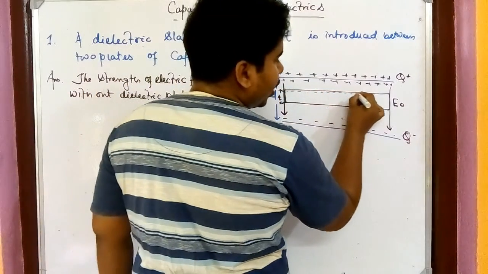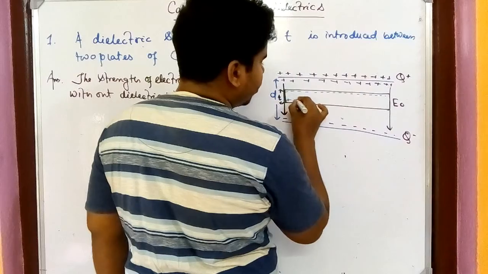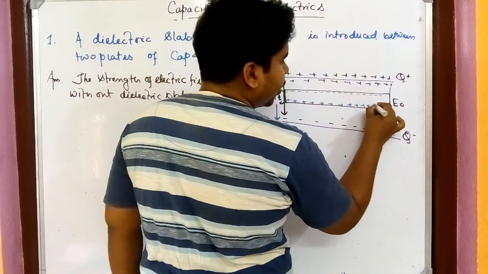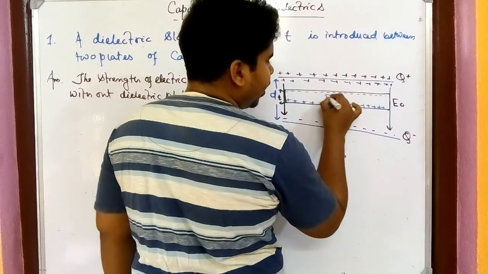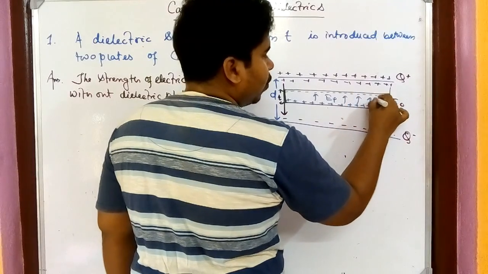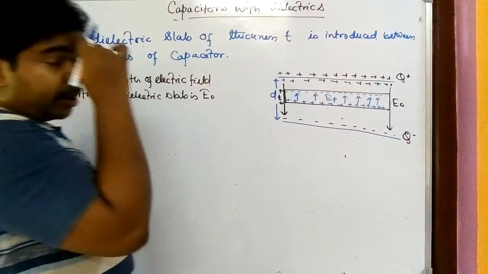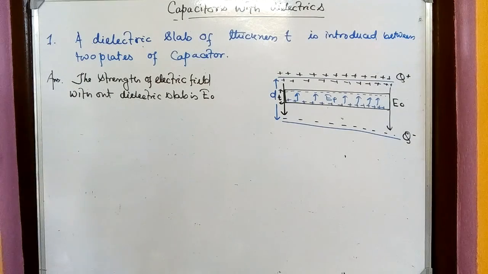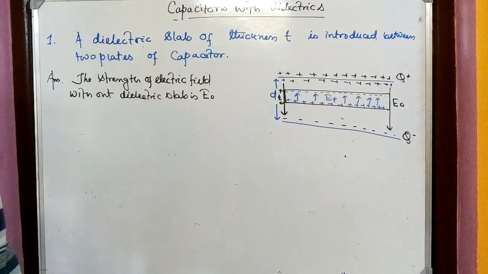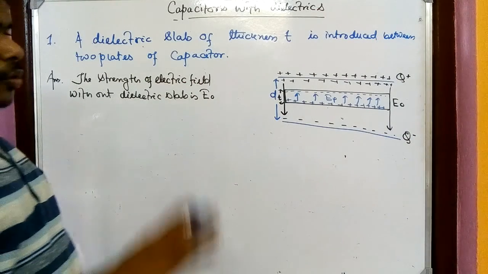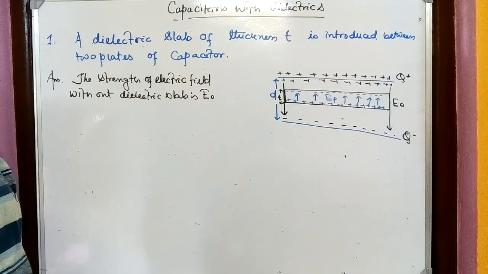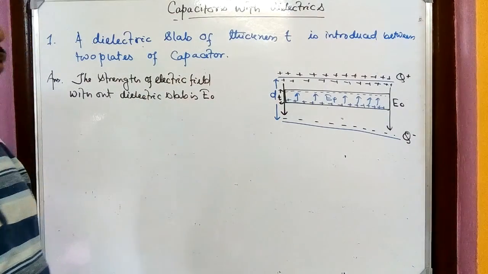The negative charges will come here and the positive charges here, and an electric field is created inside it, that is EP. Why EP? Because it occurs due to polarization. Polarization means the positive and negative charges are separated, that's why it is known as polarization. So due to polarization another electric field has come, that is EP, which is exactly opposite to E naught.